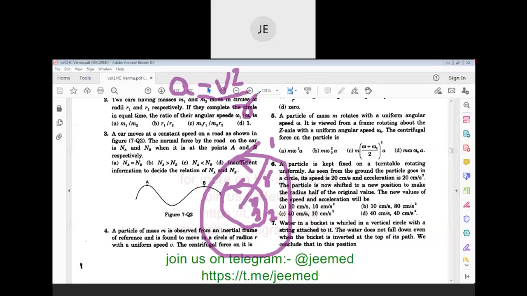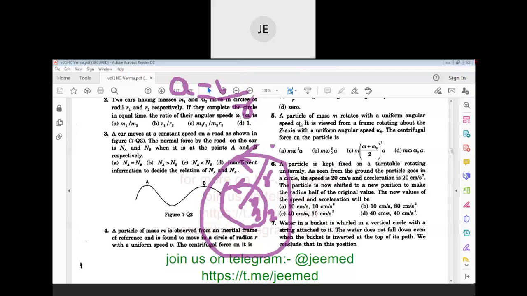What is r? When you substitute a is 20, v is 20, you will get radius as 20. They have asked half of the radius, so radius will be 10 centimeter.